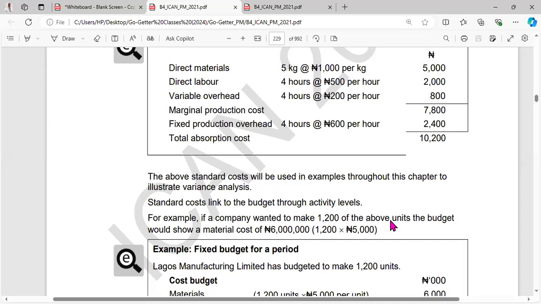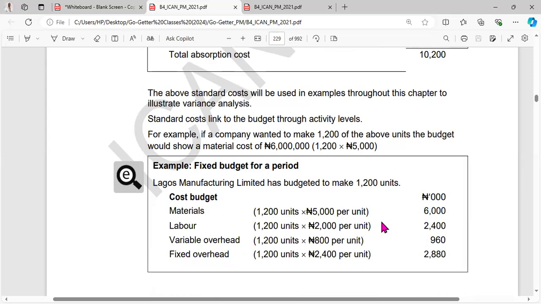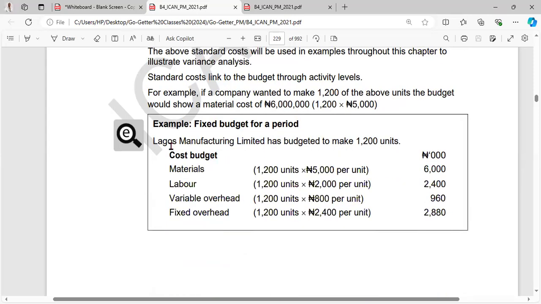Now, if they don't give you your standard cost card, they are going to give you budgets. And when they give you budgets and they give you the volume of activity, simply divide each of the budgets by the volume to get your standard. All right, so now Lagos Manufacturing Limited has budgeted to make 1,200 units, like we said.